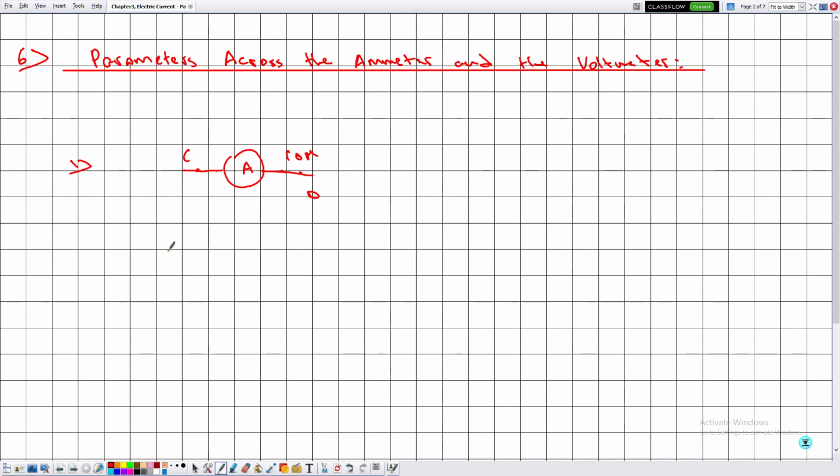We know that the voltage across an ammeter is 0, since it is of negligible resistance.